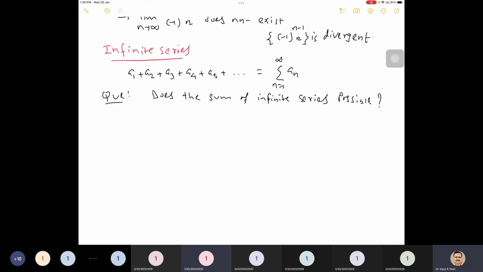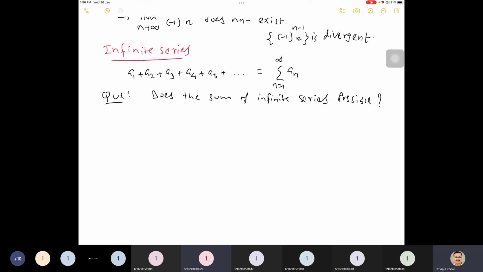That is the question. Because we have infinitely many terms, if you go on adding one by one term, naturally it is not possible. But there are some methods by which we can find out the sum of the infinite series.